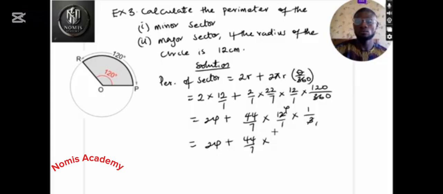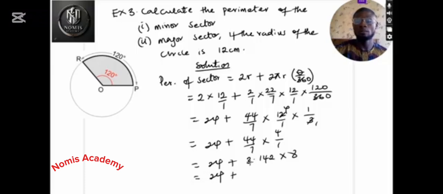So this is 24 plus 3.142 to 3 decimal place multiplied by 8. You know how I got 8? I just splitted 2 from 44 so that I have 22 over 7. 22 over 7 is 3.142 to 3 decimal place. So that 2 now multiplied by 4 gives me 8. So you can see that without calculator you can do something with your head.